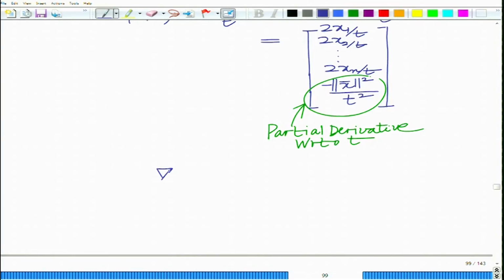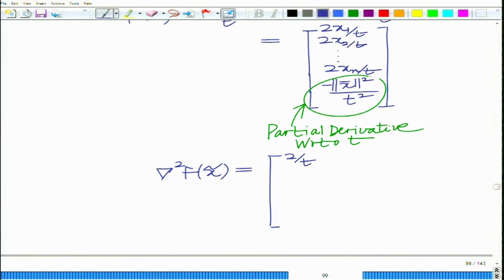The Hessian has an interesting structure, it is fairly straightforward, you just have to pay attention to each element. First, the 1 cross 1 element is the second order partial with respect to x1 square. So, you take 2x1 over t and differentiate it with respect to x1, that gives you 2 over t.